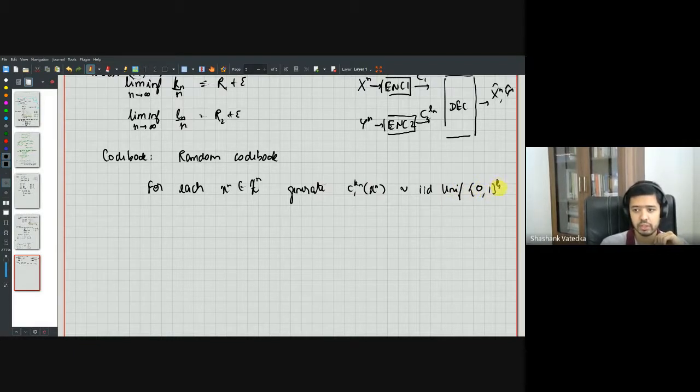So basically, you draw a code word uniformly at random. Similarly, for each yn, you generate C2 ln. The corresponding code word is drawn at random.